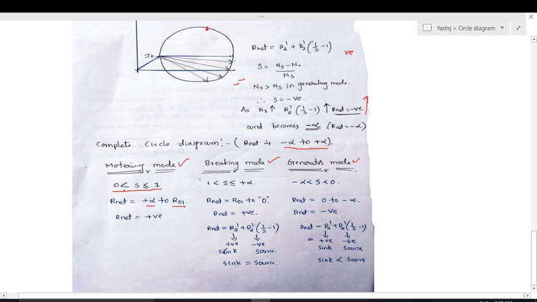Under motoring mode operation, slip changes from 0 to 1. Slip changes from 0 to 1 means resistance changes from plus infinity to R01.